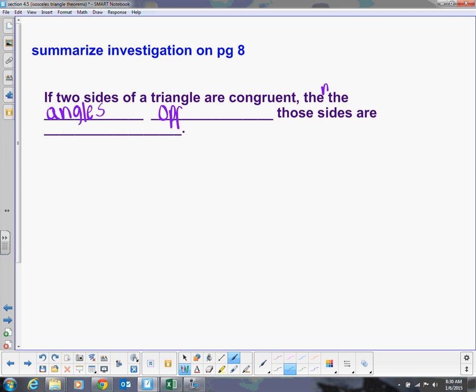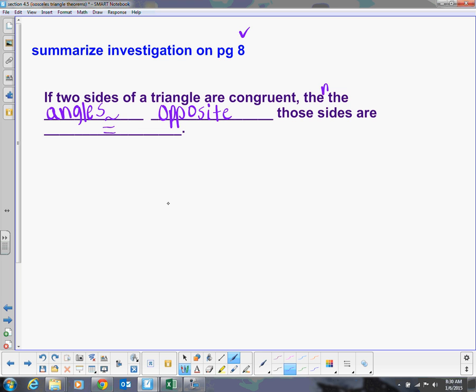I was putting opposite before angles and it didn't make sense. I'm trying to get my words right. Then the angles opposite those sides are what? Congruent.